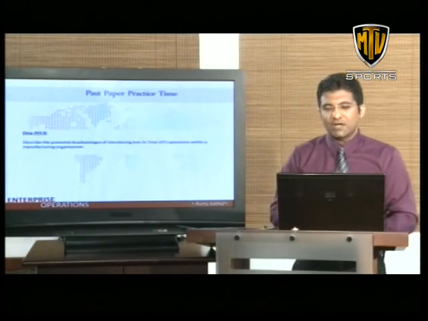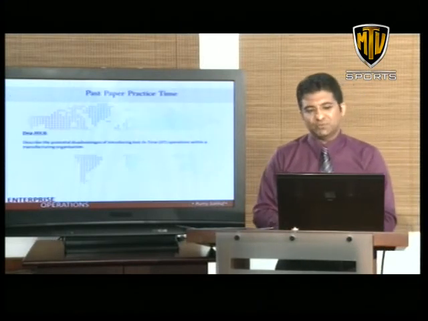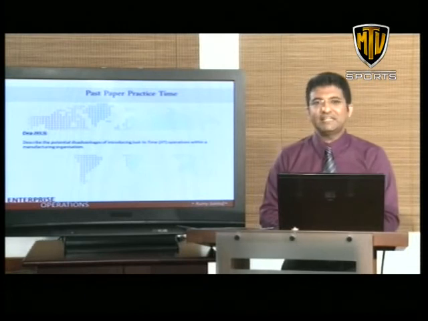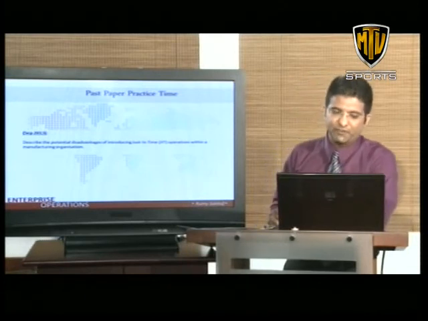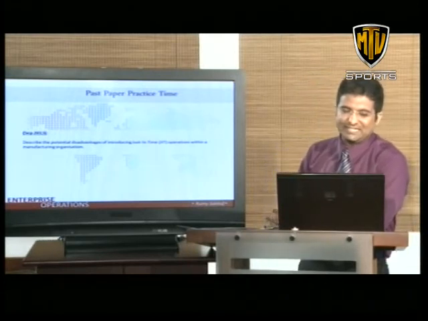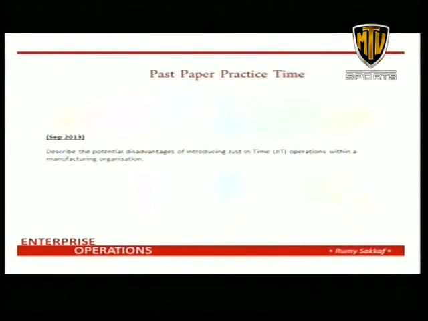Now let's look at how the examiner tests you on this particular area. In September 2013, there is a question he asked the students: describe the potential disadvantages of introducing just-in-time, that is JIT, operations within a manufacturing organization.